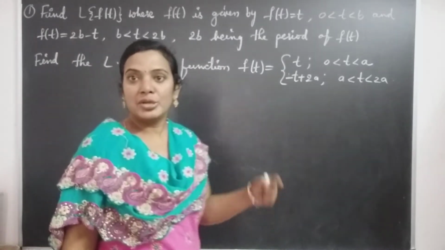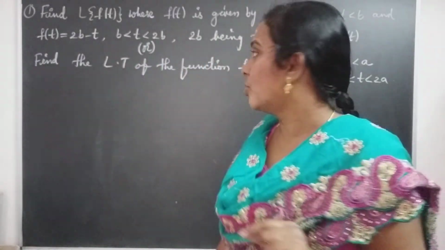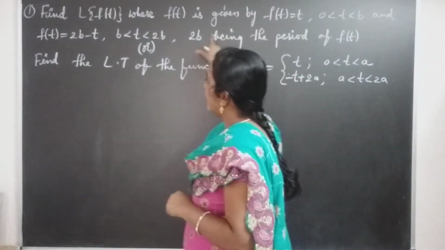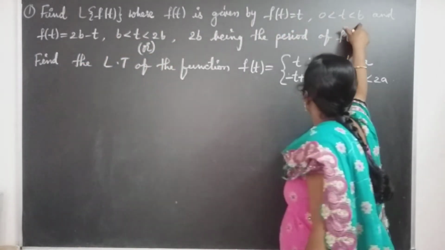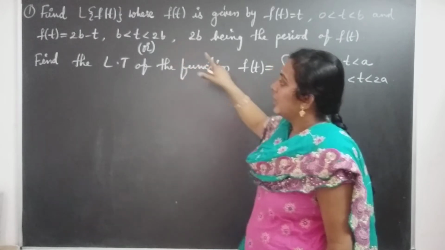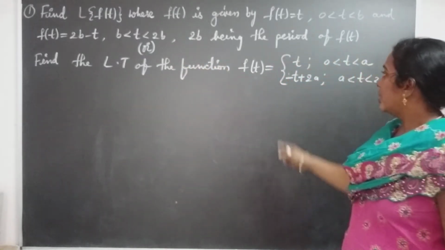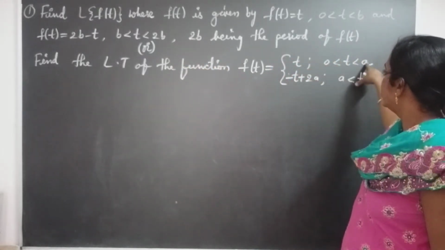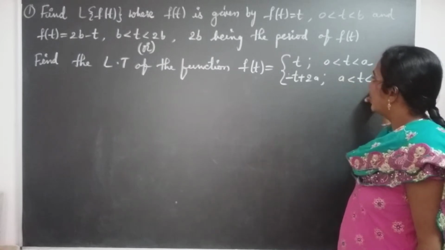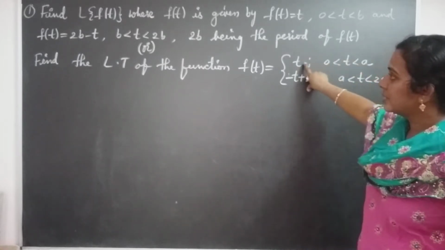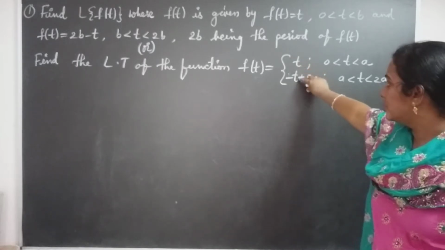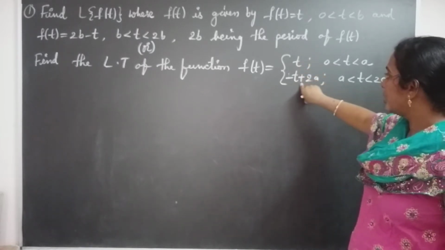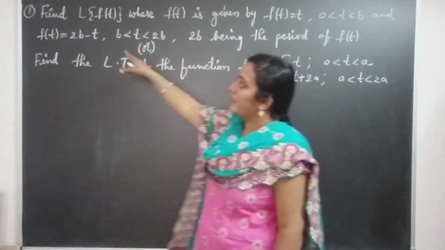The two problems are the same but the constants are different. In the first, the function is defined on the limits 0 to b and b to 2b. In the second, it is defined on 0 to a and a to 2a. In the first interval the function is t. In the second interval the function is minus t plus 2a, or 2b minus t.